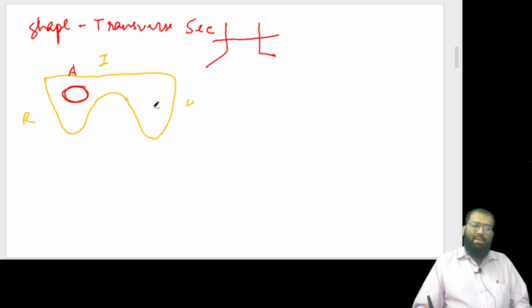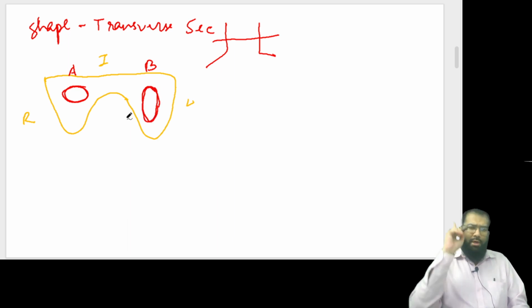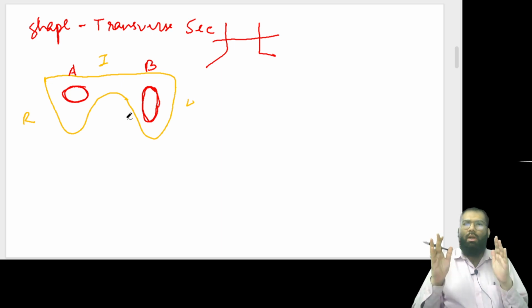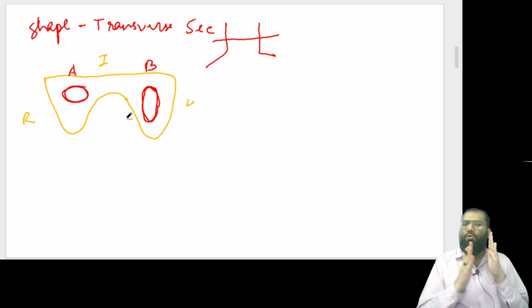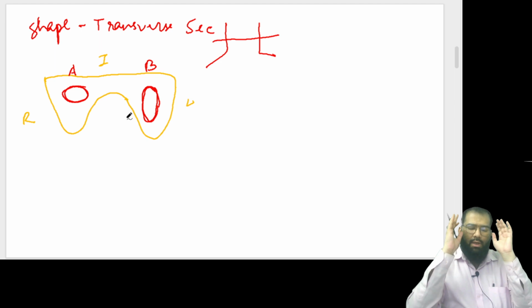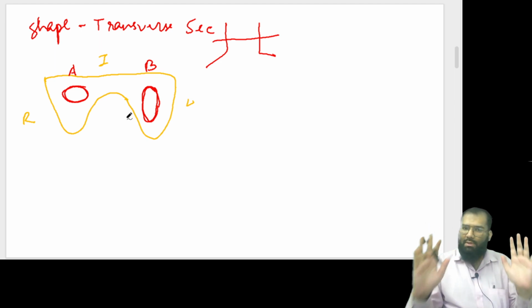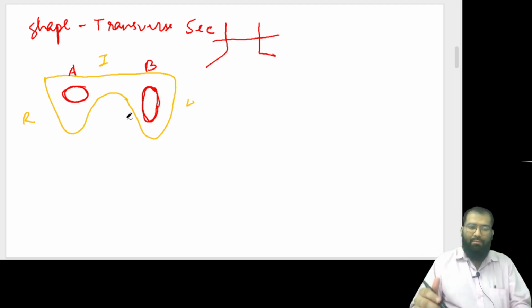Okay? And suppose there is a lesion in the left lobe which is like this. This is lesion B. Now, point to be noted, I want you all to give few seconds looking at lesion A and B. Look at both of these lesions very carefully.